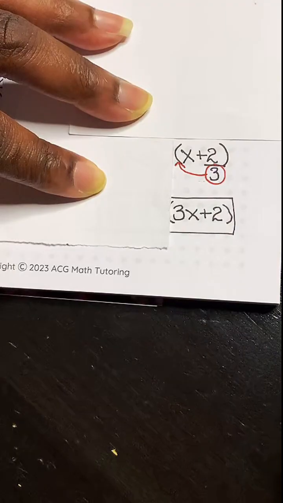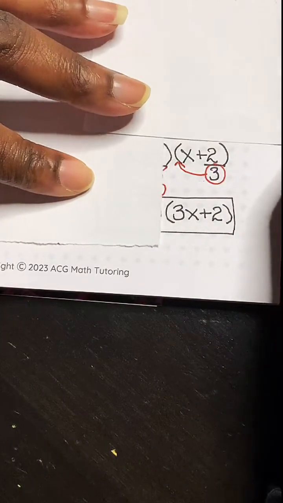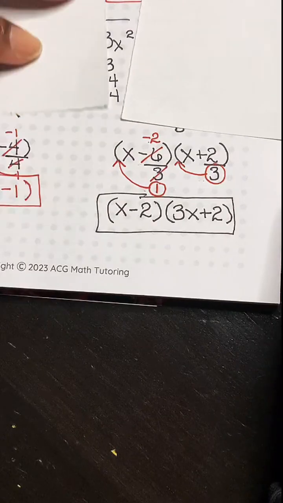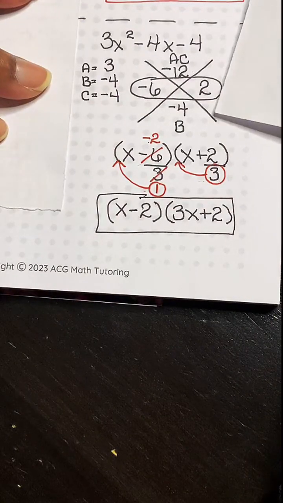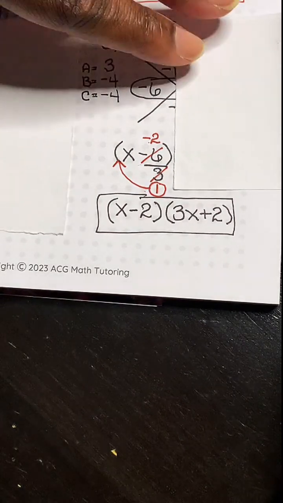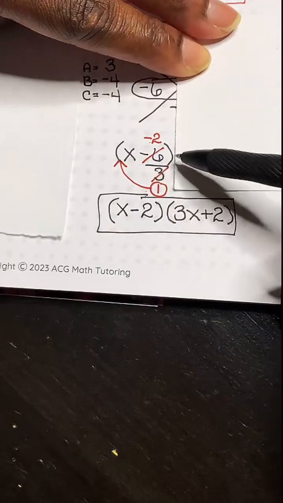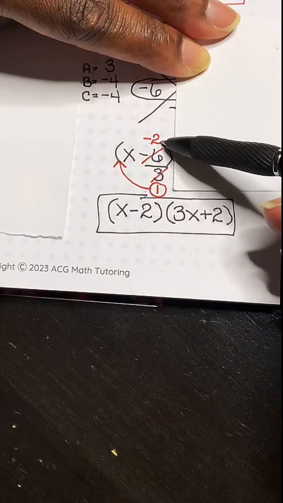Okay, for the first one, yeah, because once you reduced the negative 6 over 3, you got negative 2.